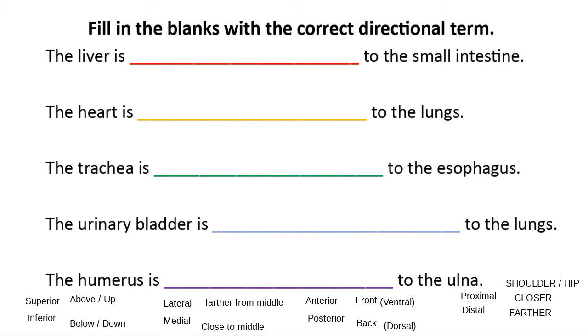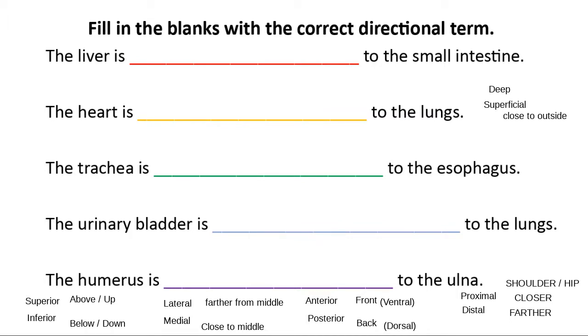Proximal and distal. There is one other set of directional terms that we haven't listed on here, and these terms are deep and superficial. These terms are related to how close we are to the surface of the body, essentially. So if you're close to the surface of the body, you're superficial.